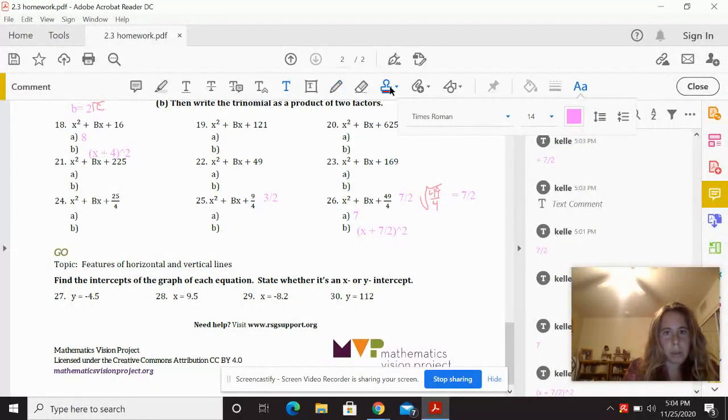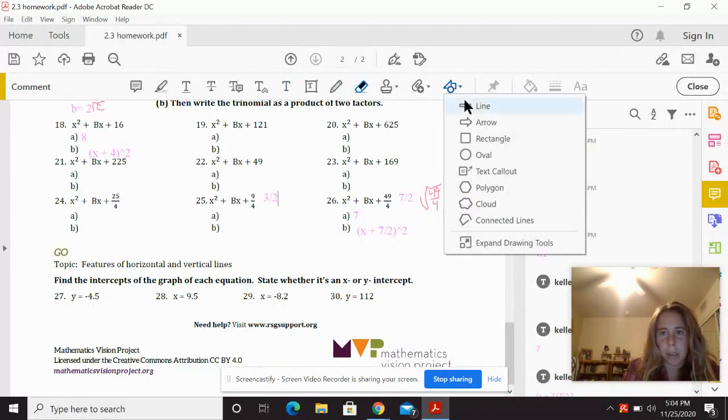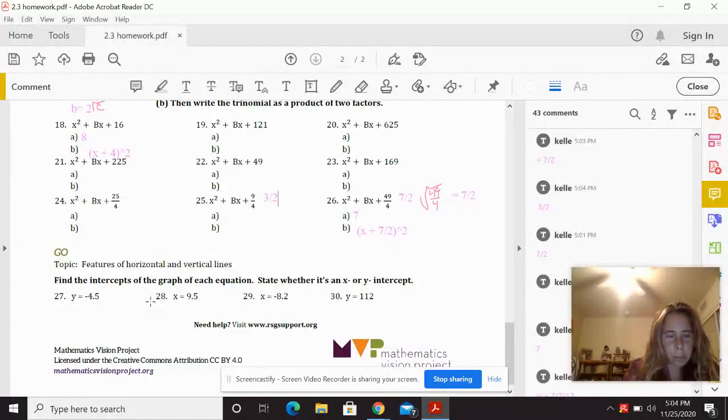Let me just do it. Oh, that is not what I meant to click on. Let's do my little lines. Actually, I think Byrne did this one. We'll do number 28. Here's my y-axis.